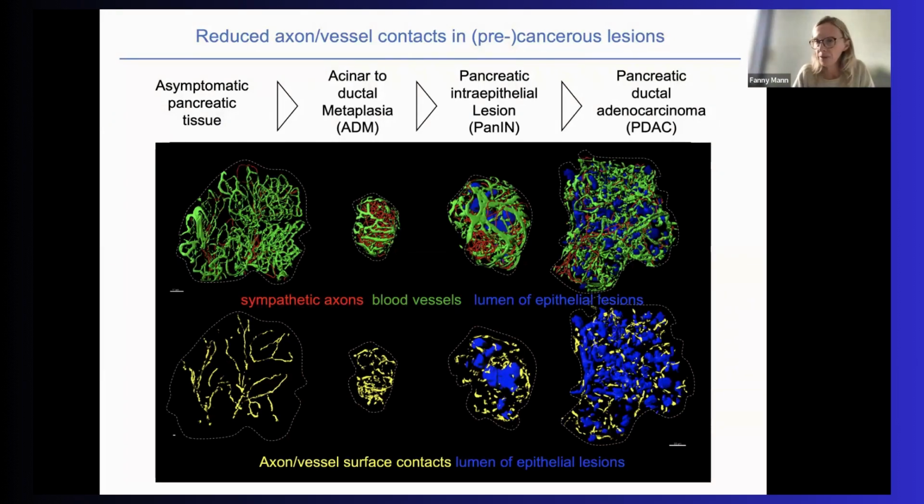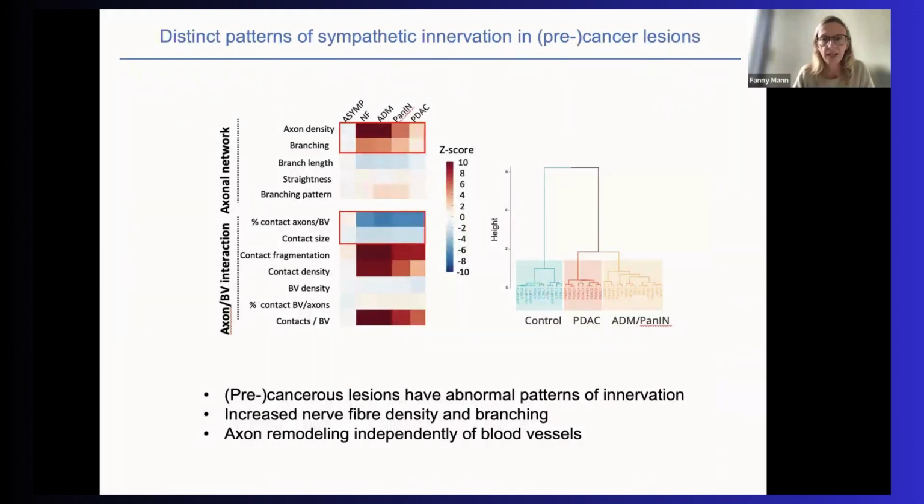So we have quantified all these changes in axonal morphology and interactions with the blood vessels, and our results have shown that both precancerous and cancerous pancreatic lesions display aberrant patterns of sympathetic innervation. These aberrant patterns of innervation are characterized by an increased axonal density and an increased axonal branching.